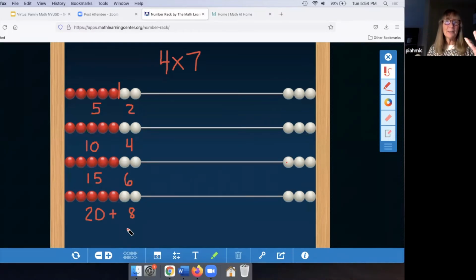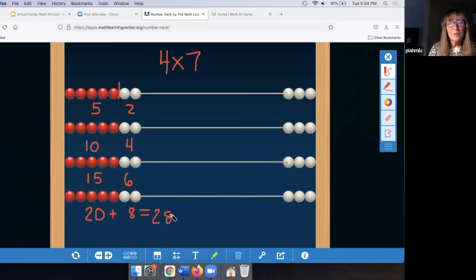If you're trying to keep track of 7s on your fingers, you're going to lose track on, do you have 3 groups? Do you have 4? Did you miscount? So we want, again, students to think about grouping strategies, to think about multiplication.